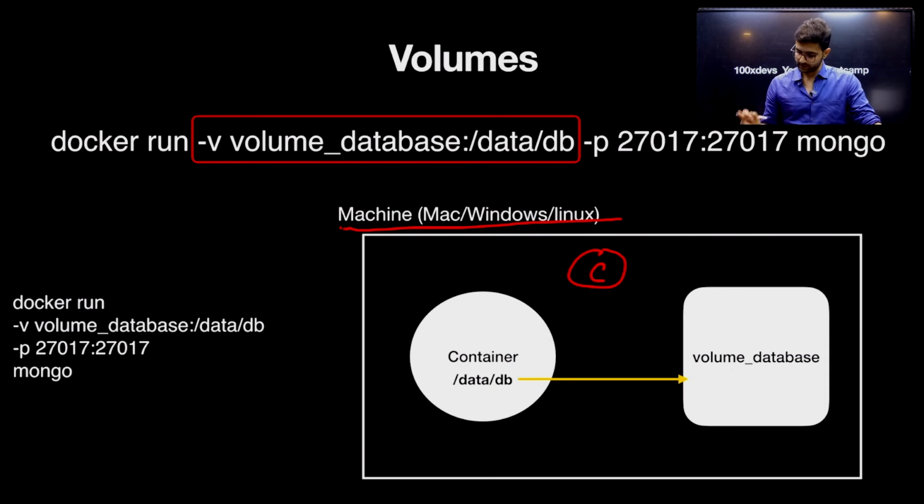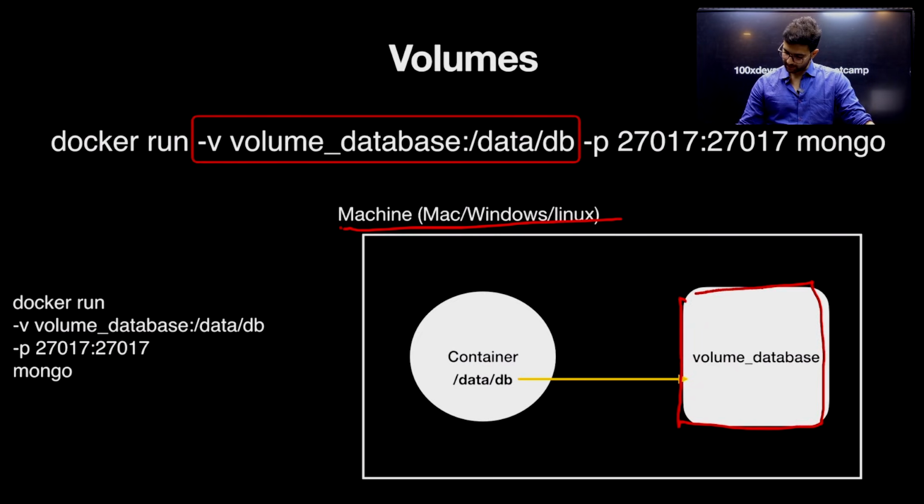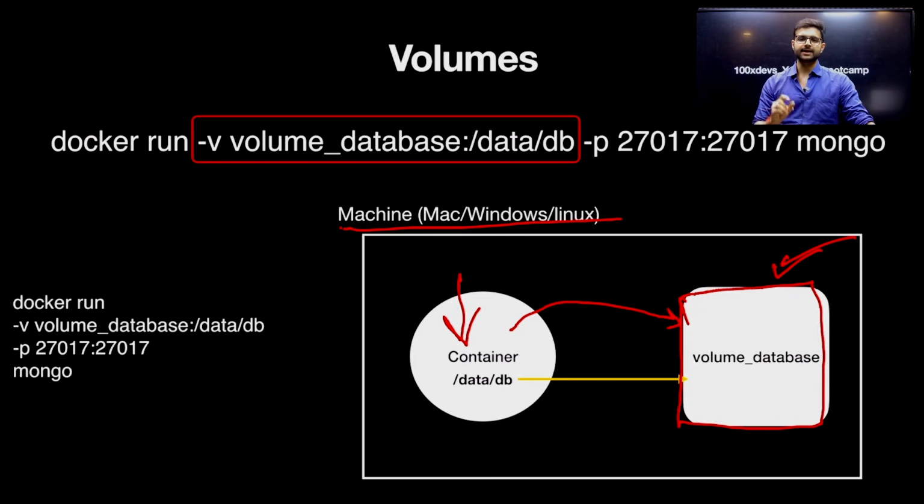For that, I can create a volume before I start my container. What is a volume? You can think of it as a logical place where you can dump data from a container. If you ever bring down a container, this logical space still remains until you actually bring down the volume as well. So a volume is a logical place inside Docker where you can put a bunch of data from the container.